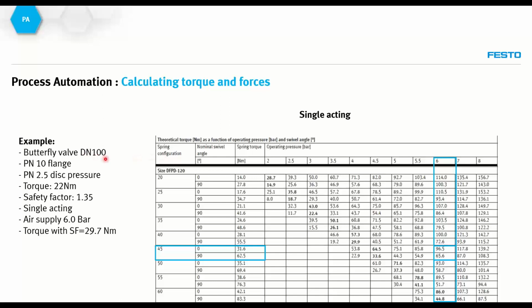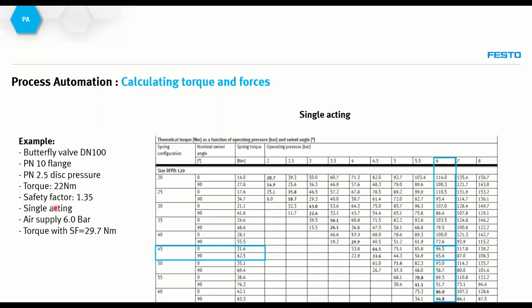For example, I have a DN100 valve with flange connection PN10 and operating pressure 2.5 bar. The torque requirement from the valve manufacturer is 22 Newton meter, and the safety factor again is 1.35.